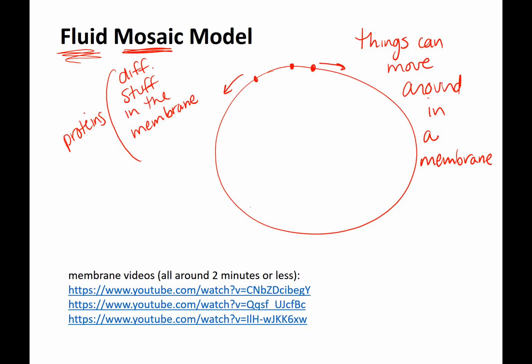Sometimes we're talking about specific lipid types, but the fluid mosaic model, which is a great concept, is that on the cell membrane, things can move around from region to region, and that a cell membrane is not just lipids, but a mosaic of other things.